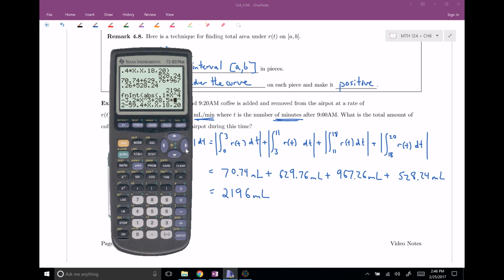So I'm doing the absolute value of our previous function. Again, I need to insert a closed parentheses to stop the absolute value. And now let's go all the way from 0 to 20, and then close our parentheses. And if I hit enter now, remember we're counting it all positively, and fingers crossed, we're looking for 2,196. Maybe I did a little bit of rounding, but it should be pretty close to this.